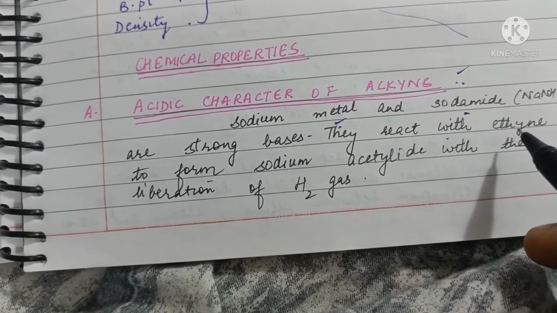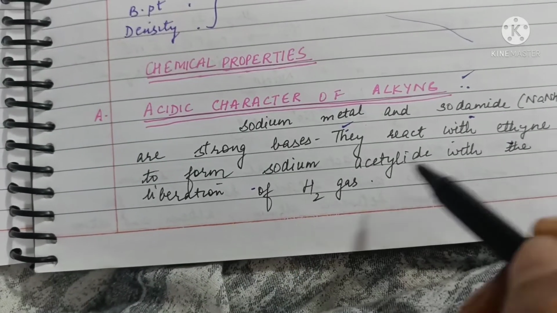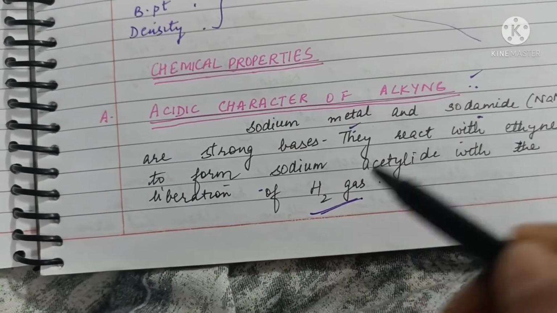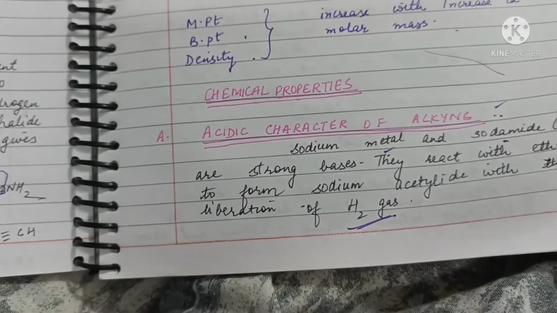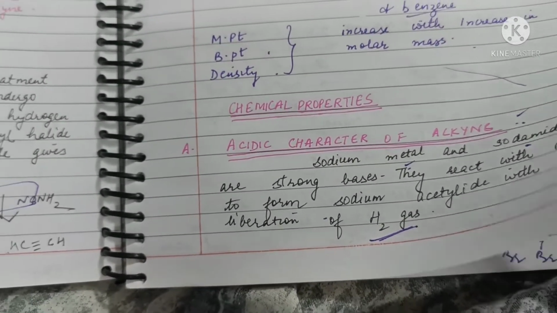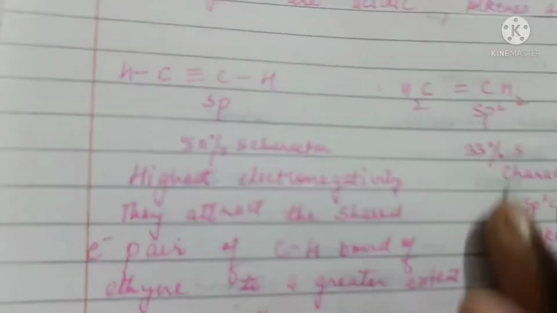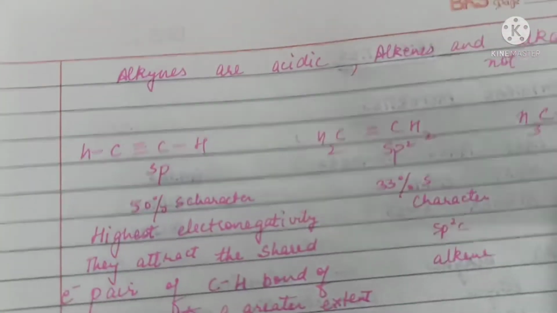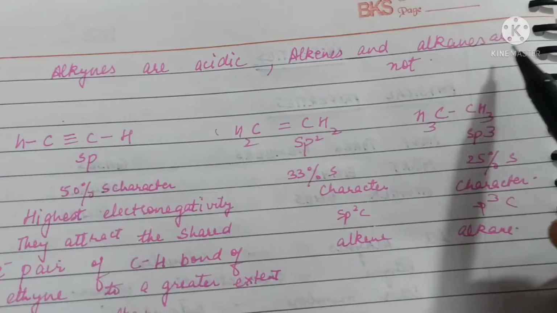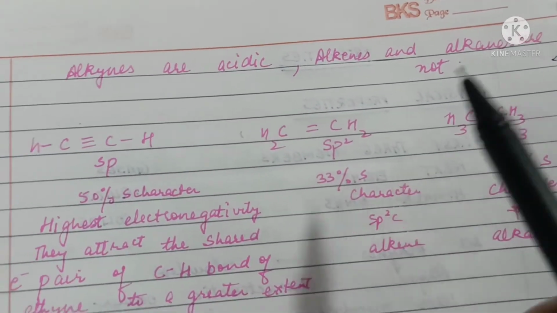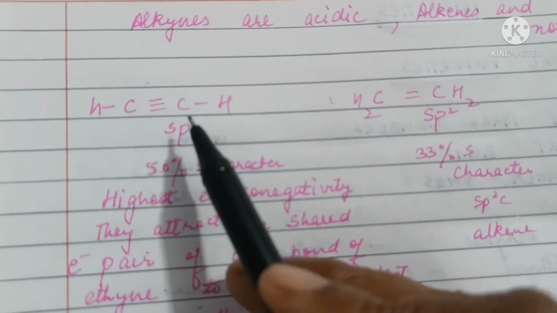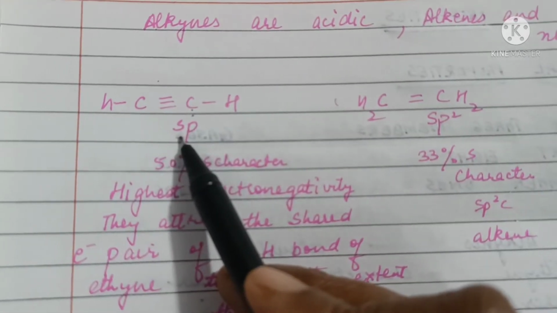These basic substances will react with ethyne to liberate hydrogen gas, just like acids react with basic substances to form hydrogen gas. Alkynes are acidic. Alkanes and alkenes are not. This is because in alkynes the carbon atoms are sp hybridized.